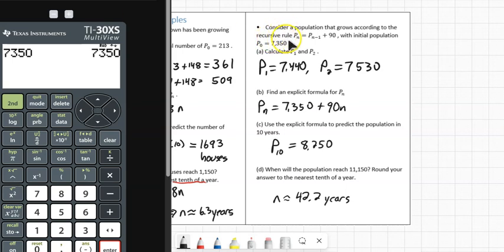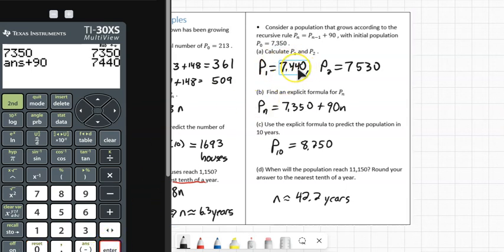Now when you have a recursive rule, P sub n equals P sub n minus 1 plus 90, anywhere you see a P sub n minus 1, you use the answer button, so that second answer, and then plus 90. So this recursive rule is answer plus 90. And what the calculator is going to do is plug in the 7,350 for the answer, then add 90, and we should get P sub 1.